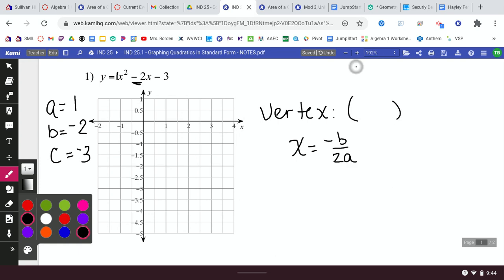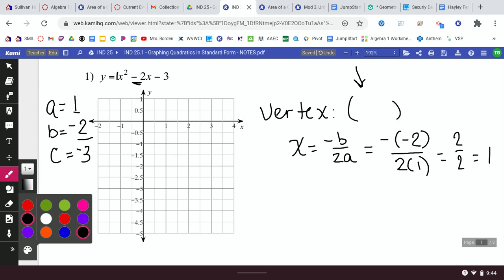So to find the x part of the vertex, we're going to use this formula. So let's plug in what we know. Well, the formula says -b, and our b here is -2, over 2 times a, and our a value there is 1. So we're going to plug that in. Well, -(-2) is positive 2, and 2 times 1 is 2, and that reduces to a 1.